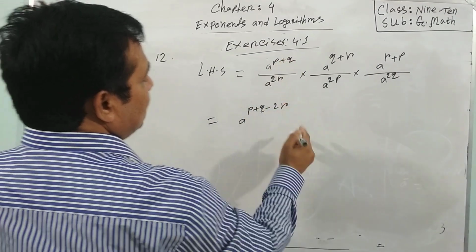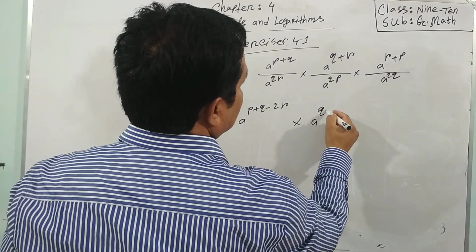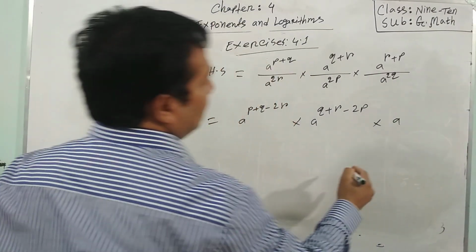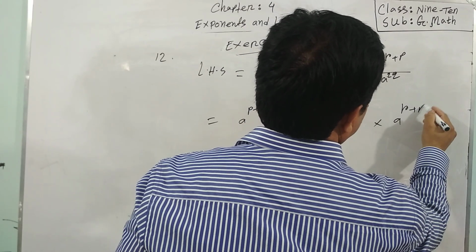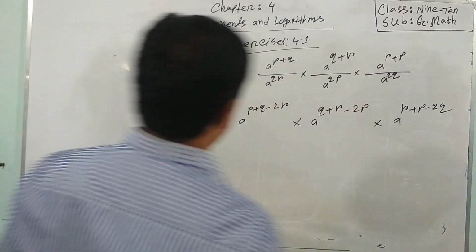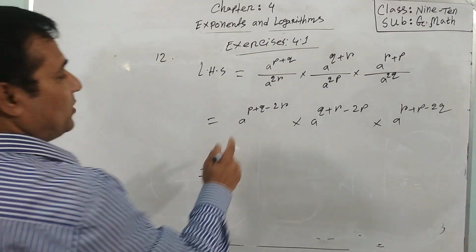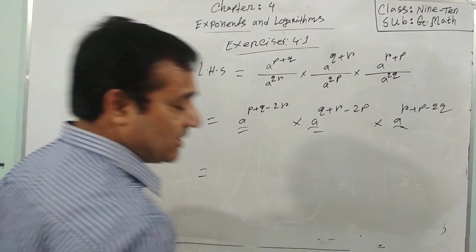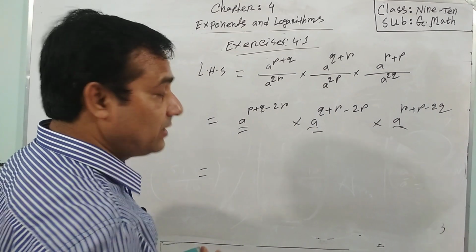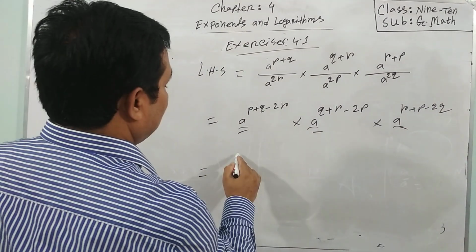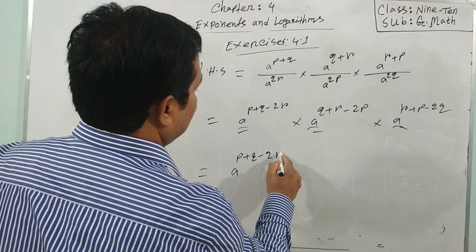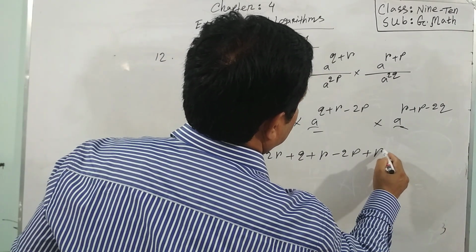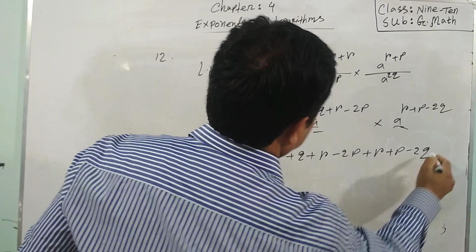Similarly, a to the power q plus r minus 2p. Similarly, a to the power r plus p minus 2q. In multiplication, when the base a is the same, the powers will be added: a to the power p plus q minus 2r plus q plus r minus 2p plus r plus p minus 2q.